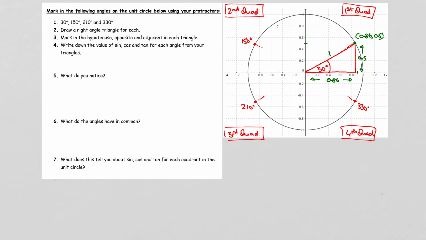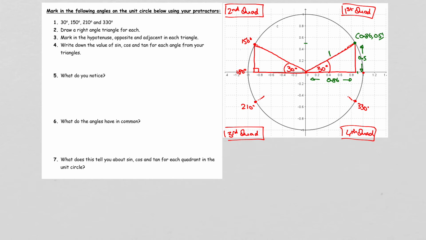So if I do the same for 150 degrees, what you can see is that I've gone 150 degrees from the coordinate 1, 0, traced it all out. But because this angle here is 150 degrees, then in my right angle triangle, the angle is actually 180 minus 150, which gives me 30 degrees again.